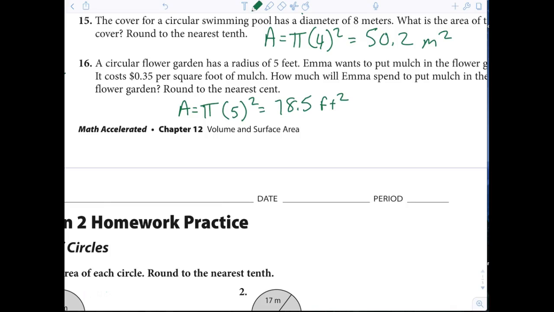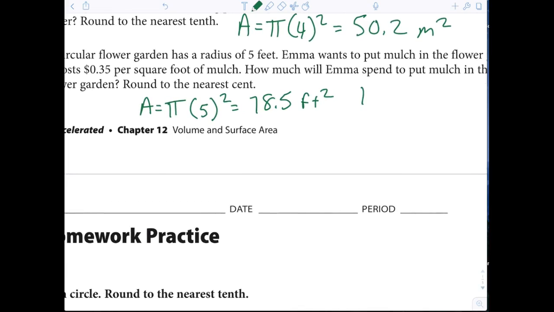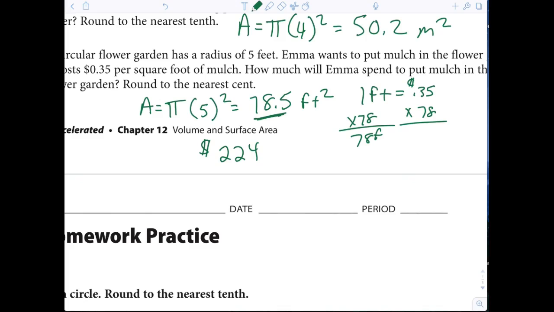So what do I have to do? You're going to multiply. Think about it like this: 1 foot is equal to 35 cents. You have 78 feet, so I'm multiplying by 78. Do you understand that? So how much money are you going to have to spend? It's going to be about $224.29. Pretty happy with that.